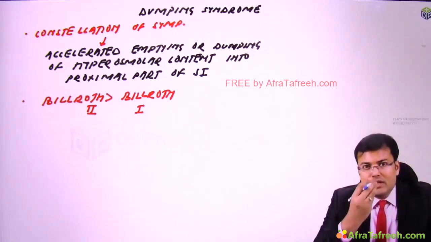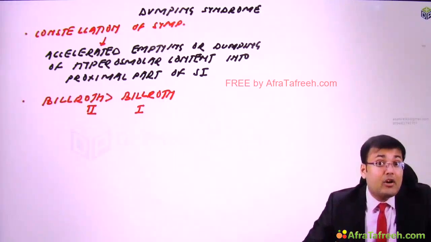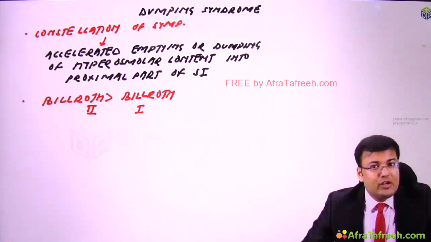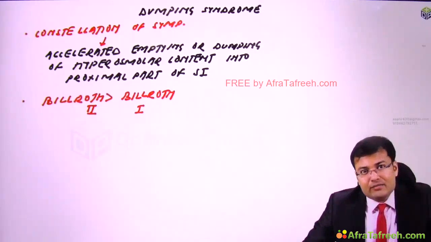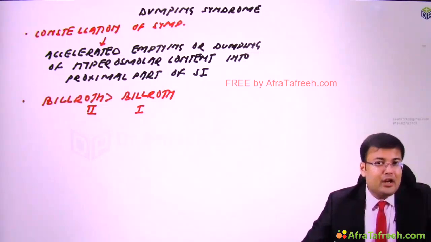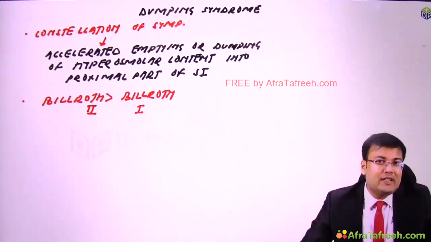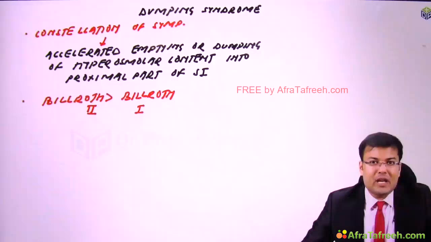When the person eats or drinks something hyperosmotic, it enters the jejunum, and there are secretions from the jejunum, 2 to 3 liters, into the jejunal lumen. Because of that the person goes into third space loss, hypovolemia, and the patient collapses.